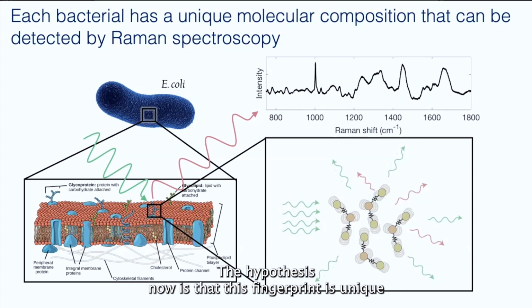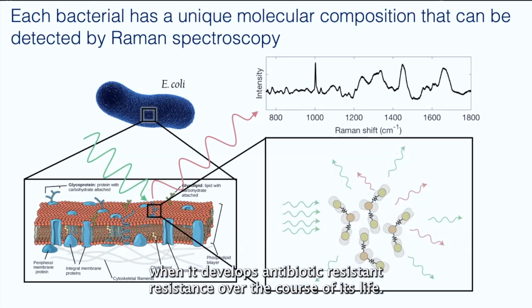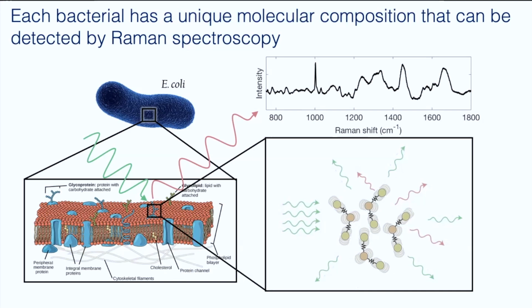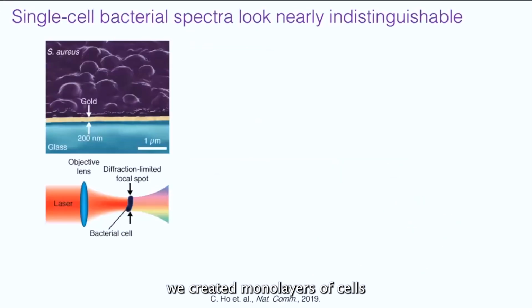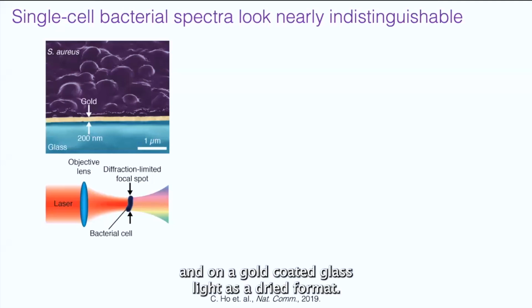The hypothesis now is that this fingerprint is unique for the different bacterial types, and also for a single bacteria type when it develops antibiotic resistance over the course of its life. In order to test this hypothesis, we created monolayers of cells on a gold-coated glass slide as a dried format.